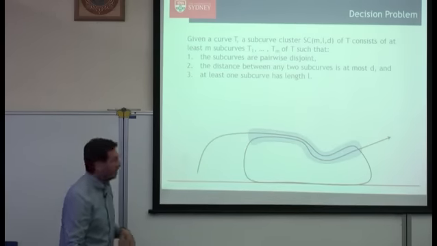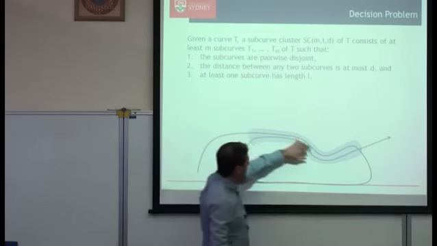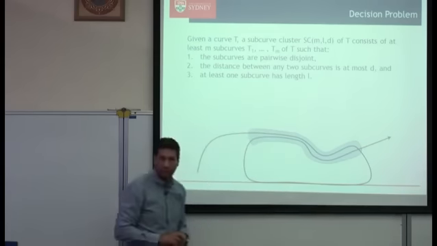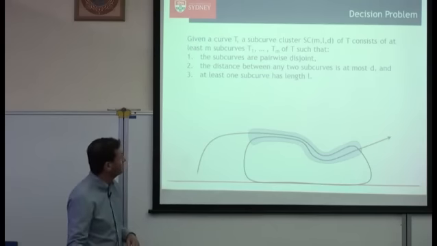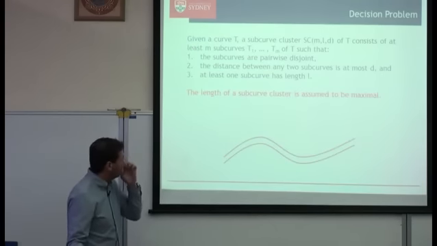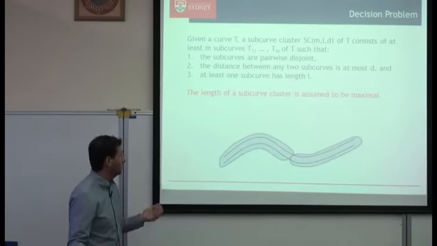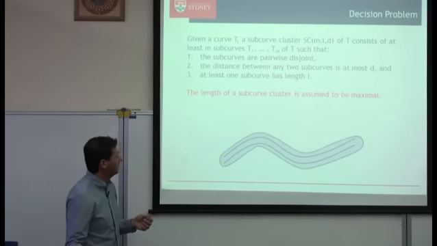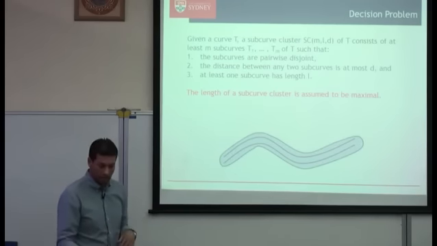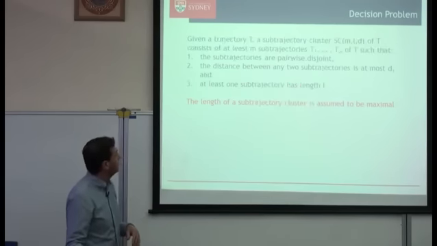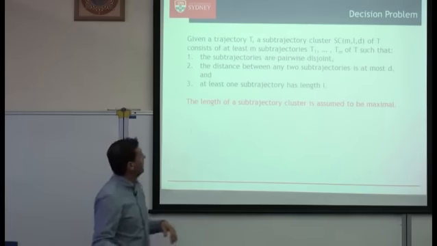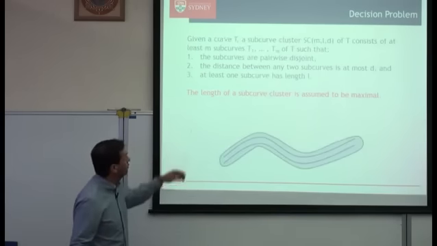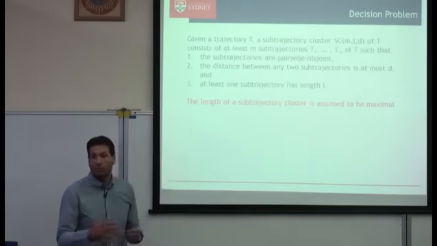And the distance between these two sub-trajectories should be at most D. The subcurve cluster is assumed to be maximal, so we will report the whole cluster. Before I was talking about curves, but of course we can do exactly the same thing for trajectories.